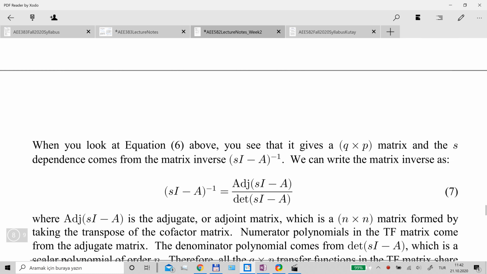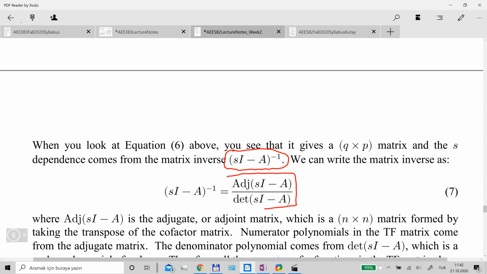So let's come here. You need to take the inverse of this square n by n matrix, which is a function of S. And the inverse of a large matrix can be written in terms of this. You must have seen this from your earlier math courses. So you have the adjugate or adjoint matrix of sI minus A, and you divide it by the determinant of that matrix, sI minus A. Now, determinant is a scalar, so you can perform this division.